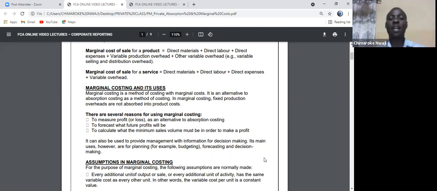We have forecasts. So for your ICAN, you want to forecast how your PM will be. What's your likely score? When you follow this lecture closely, what is your likely chance of passing PM? That's a forecast. So in management, you can forecast what your sales could be using marginal costing. And then decision making. You can decide to make a product, or you can decide to buy the product parts.